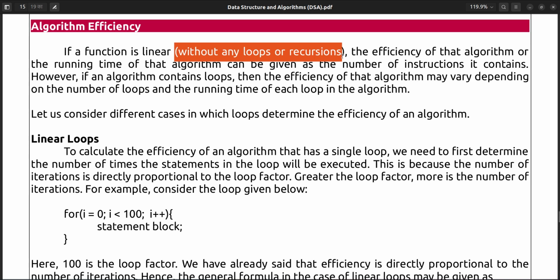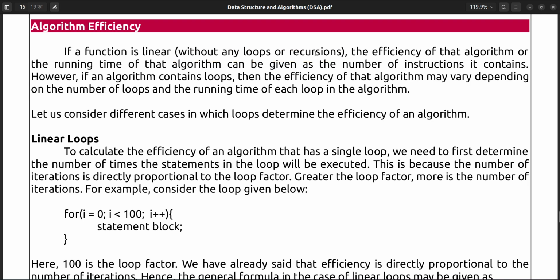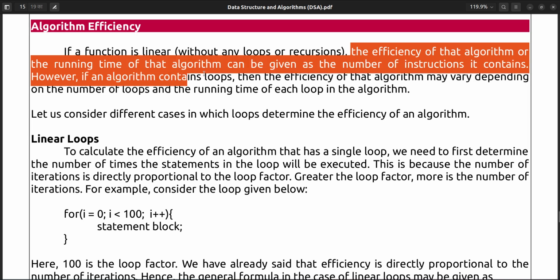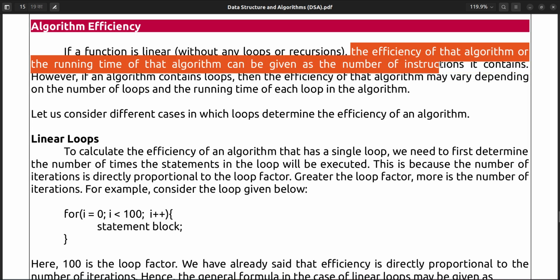Recursion is also a function calling itself again; it is like a loop only. So without any loop or recursion, the efficiency of the algorithm or running time of the algorithm can be given as the number of instructions.